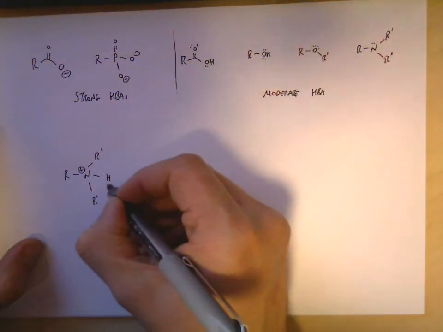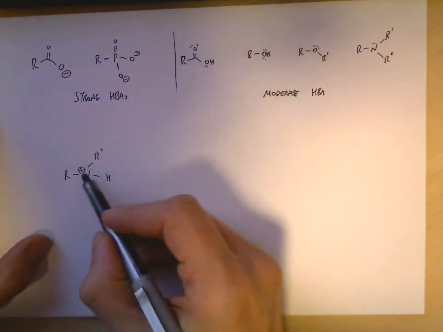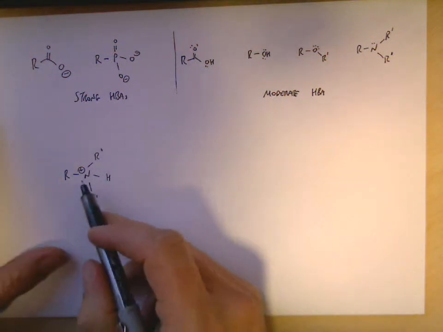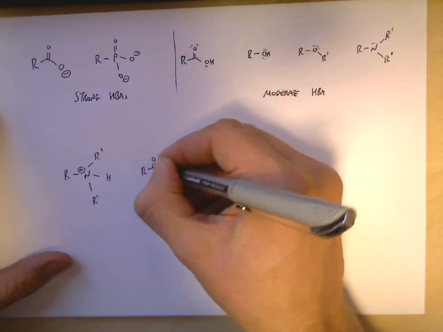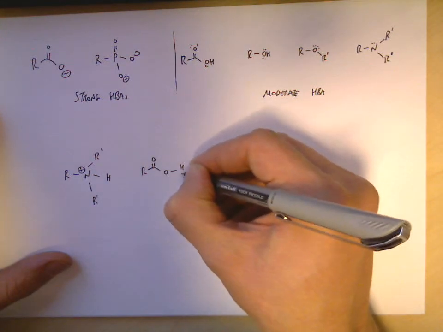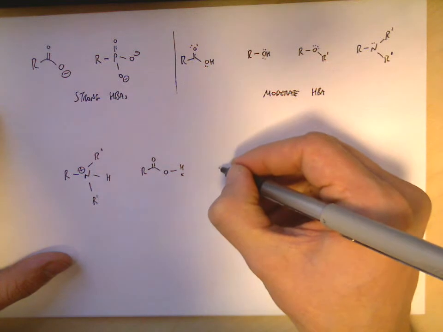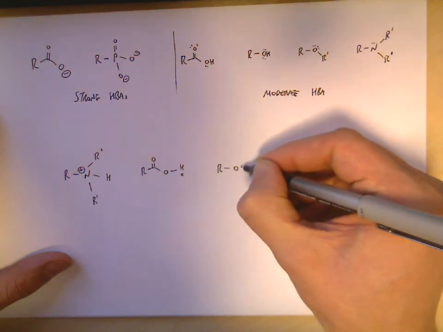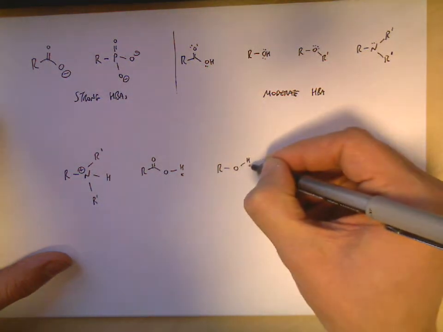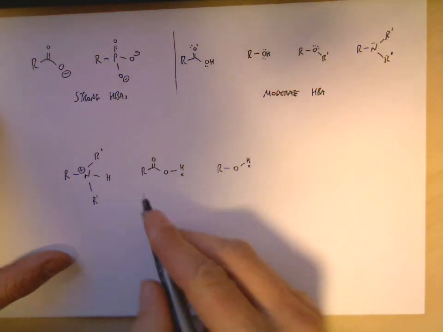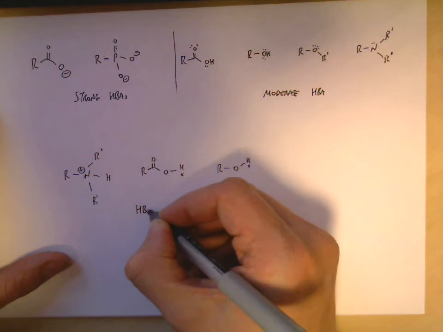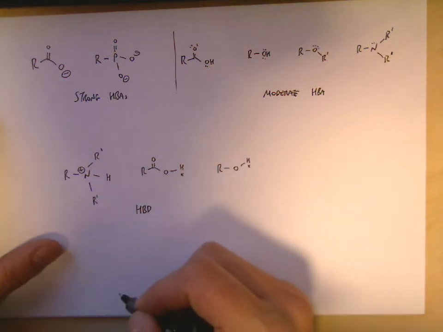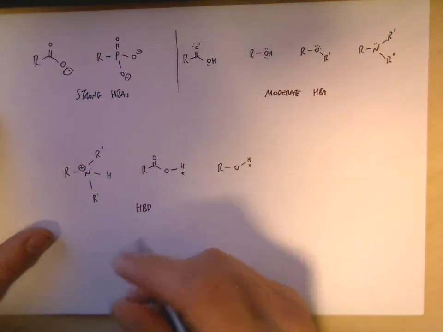This is a very electron deficient proton because it's next to the positively charged nitrogen. But again, things like carboxylic acids, where this hydrogen is electron poor, and the alcohols we saw on the previous piece of paper, these are all donatable hydrogen bonds, so these are hydrogen bond donors.